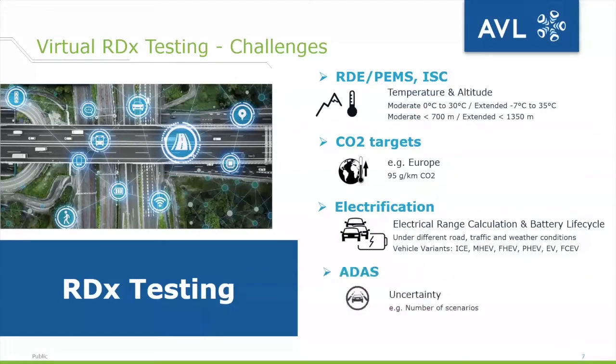Then, of course, the ADAS. In the ADAS, the OEMs are subjected to different uncertainty and numerous scenario road conditions. We can extend this topic to the other development tasks in powertrain development, vehicle development, chassis development. So all these activities are always subjected to the complexity of the real driving testing.